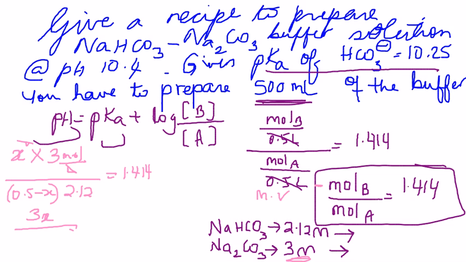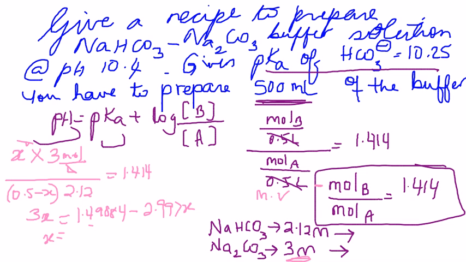So let's solve that. 3x is equal to 1.49884, minus 2.997x. Of course, you have to go by the sig figs ultimately. And then you solve for x.